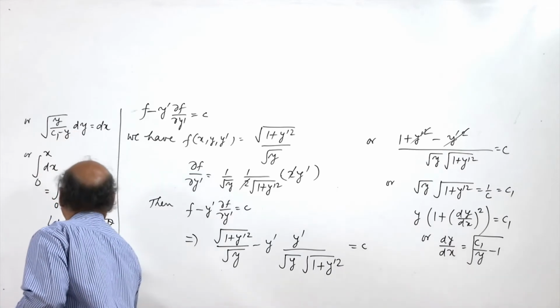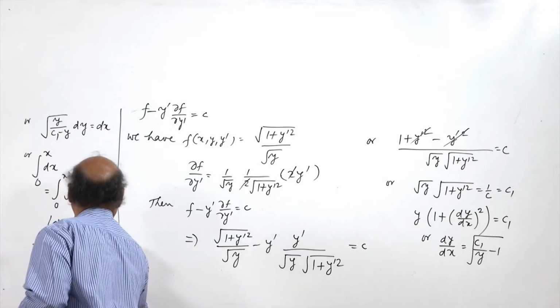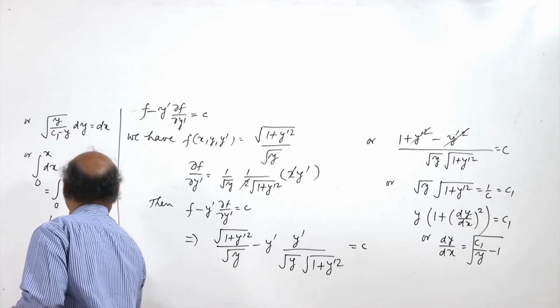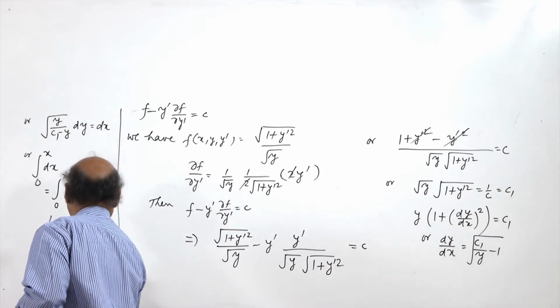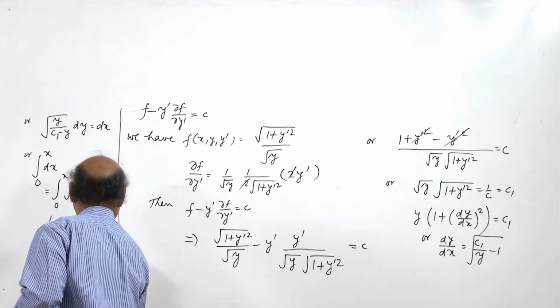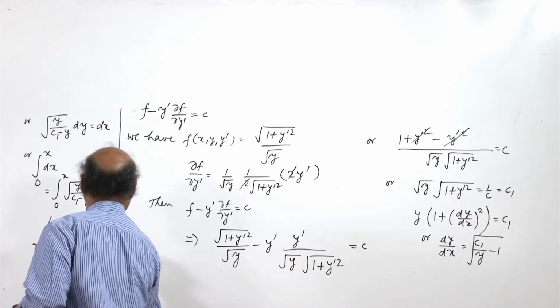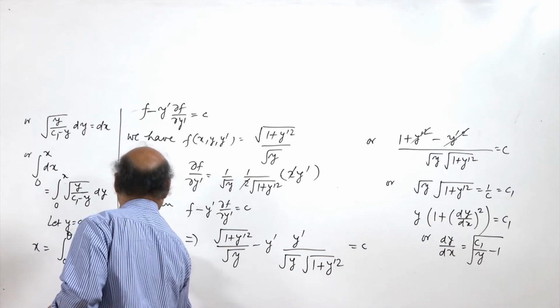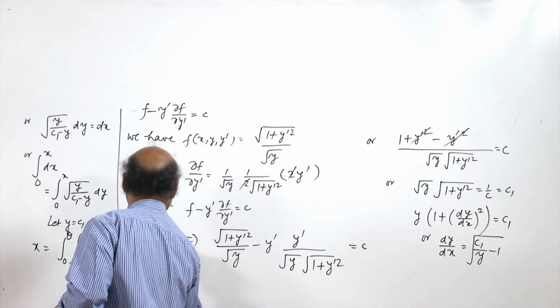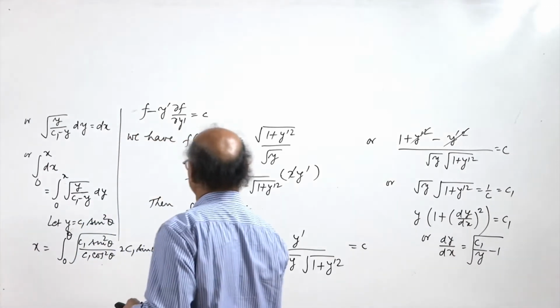So this is c1 sin square theta, and c1 minus c1 sin square theta is c1 cos square theta, and dy is 2c1 sin theta cos theta d theta. We have to put the limits for theta, so we have written it as theta.